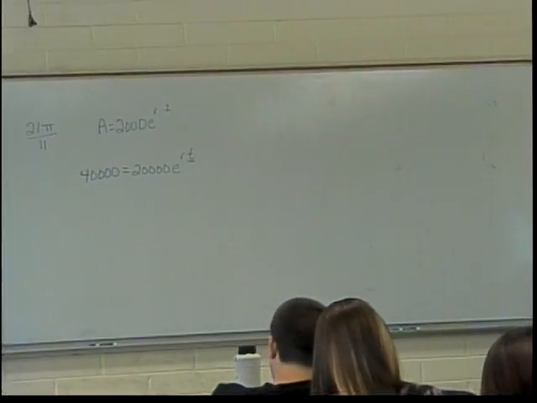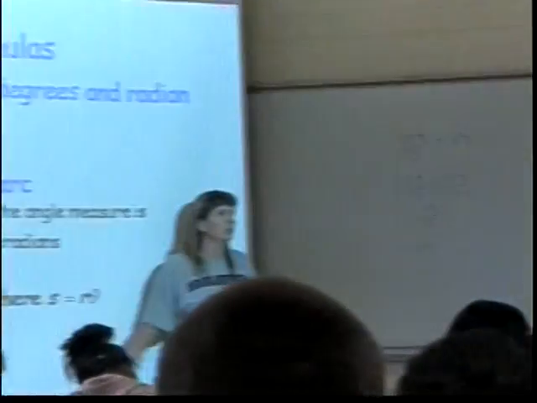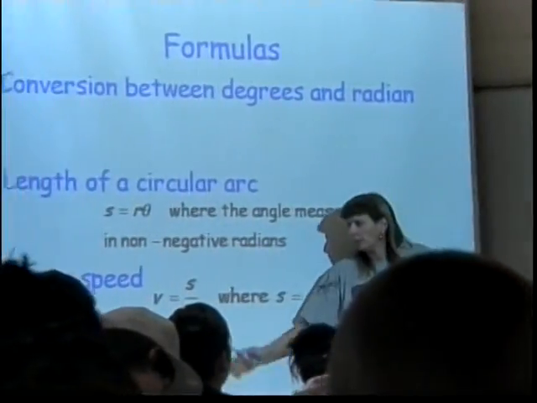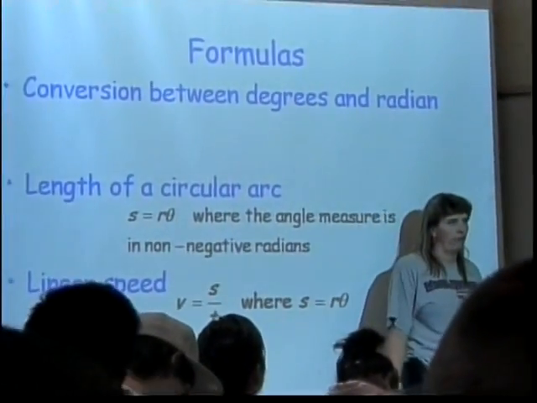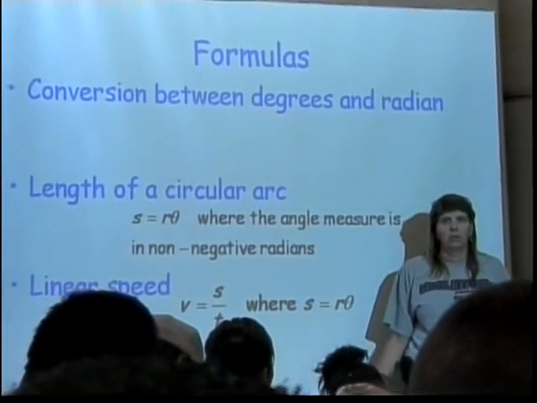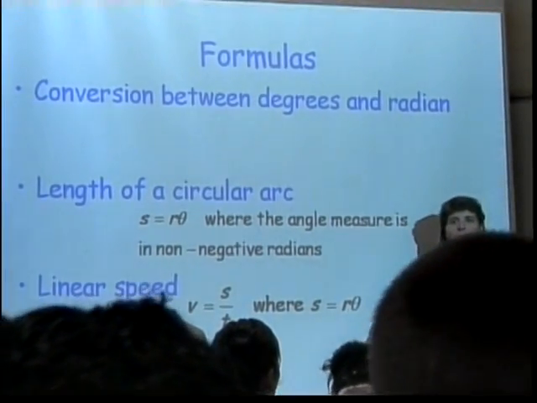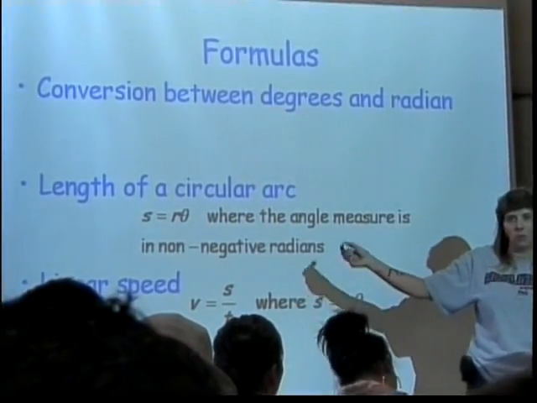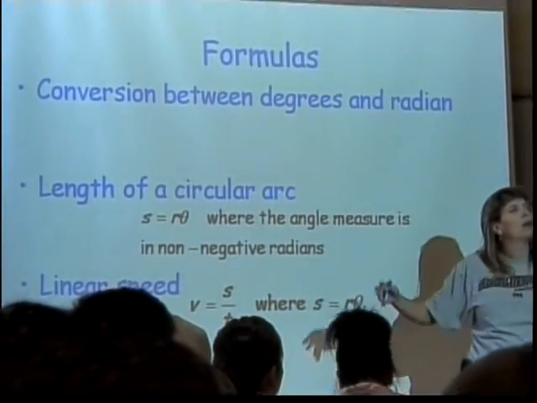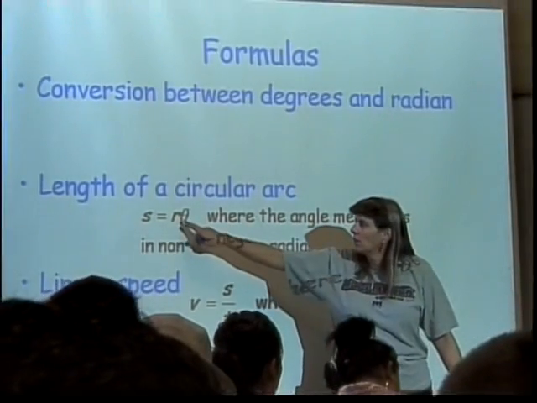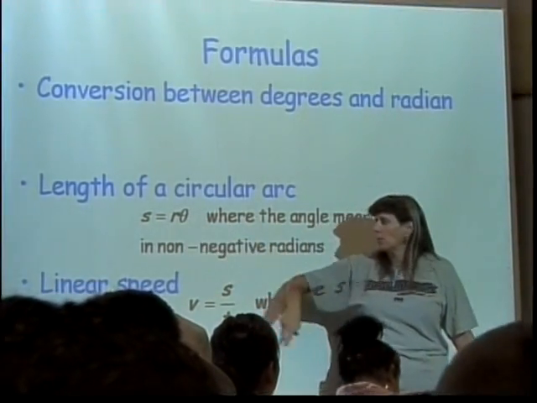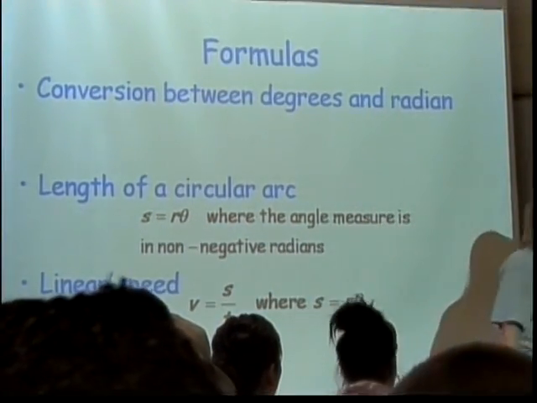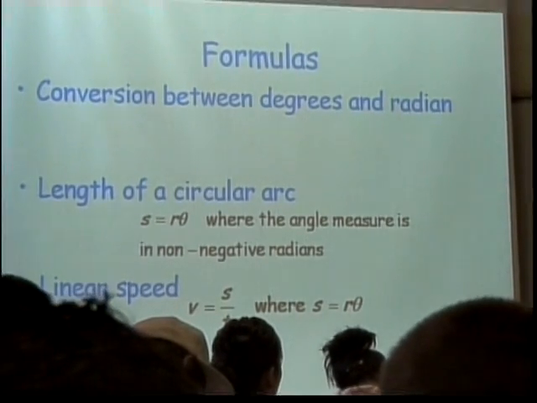Our linear speed is how far we went around the circle divided by how long it took us to go that far. So if we went around the circle 3 times and it took us 3 seconds, then it's our radius times 3 times around the circle, divided by 3 seconds. So we're moving pretty darn fast.